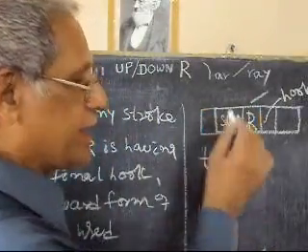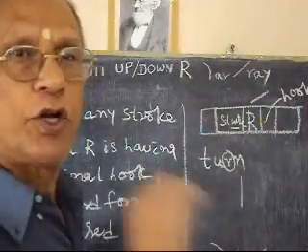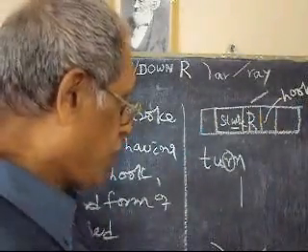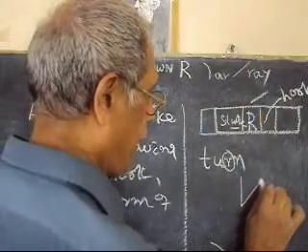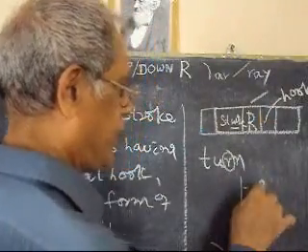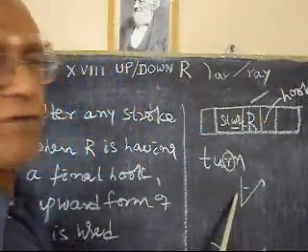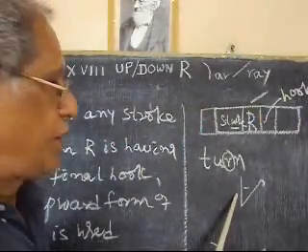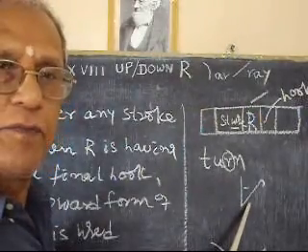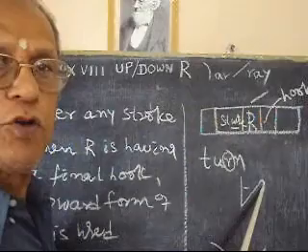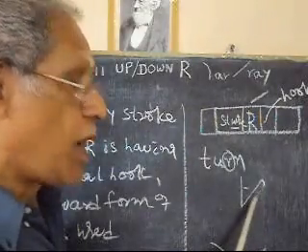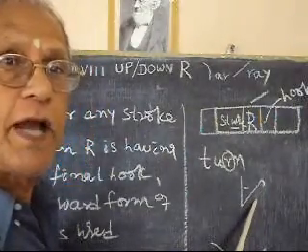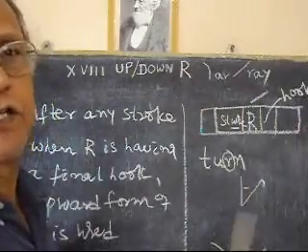Then this N is represented by the hook. So, use only the upward form. Turn. After a stroke, R has come, then for that there is a hook. Then this R should be represented by the upward form, that is ray. Ray should be written.